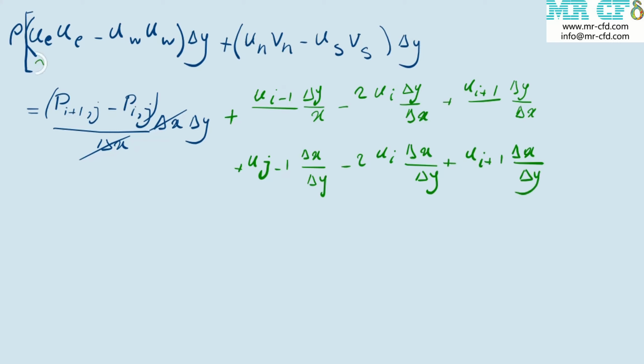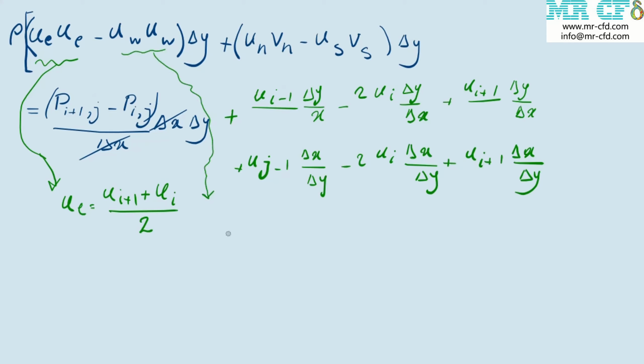On the left-hand side, the velocity u at the east face, ue, can be expressed as the average of u at indices I and I plus 1. Similarly, u at the west face, uw, is the average of u at indices I and I minus 1.